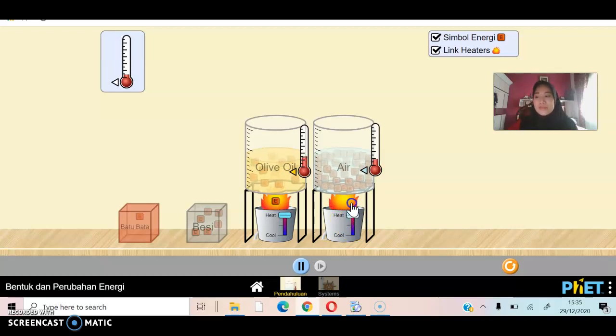As we can see, the temperature of the olive oil increases more than the water. It increases faster than water.